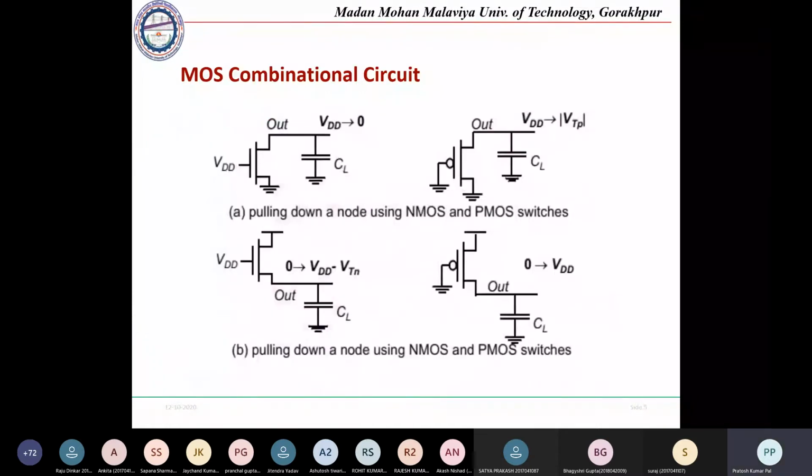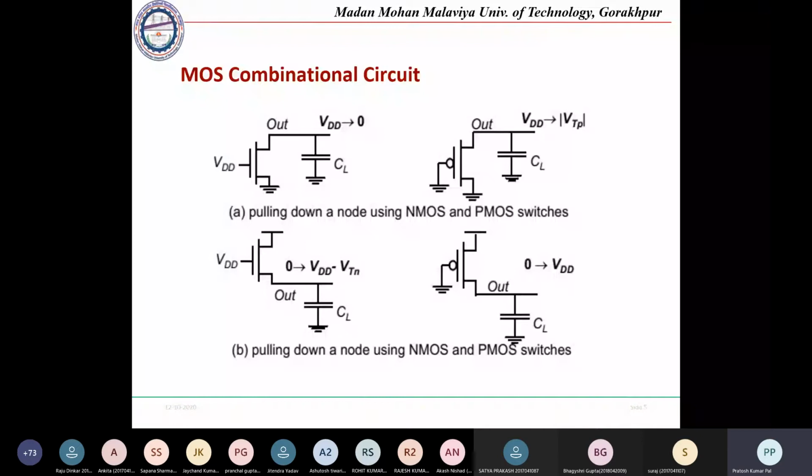This is like how switching of voltages takes place. So suppose we are going to pull down a particular node using NMOS and PMOS switches, then what will be the output voltage? Okay, so suppose NMOS is considered to switch the output to logic 0, then at that time input should be high.